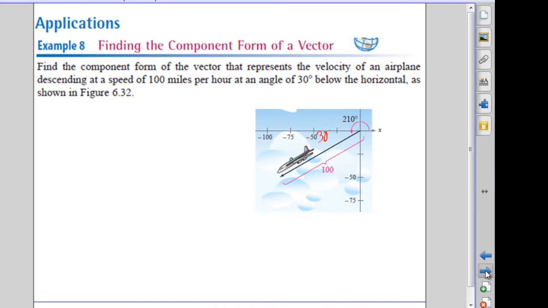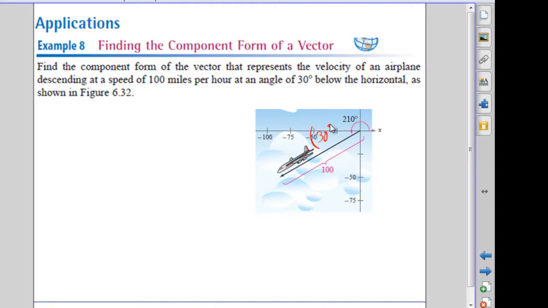Alright, example 8, we're asked to find the component form of the vector that represents the velocity of an airplane descending at a speed of 100 miles per hour at an angle of 30 degrees below the horizontal. So in the diagram, 30 degrees is this angle between the negative x-axis and the terminal side of the vector.